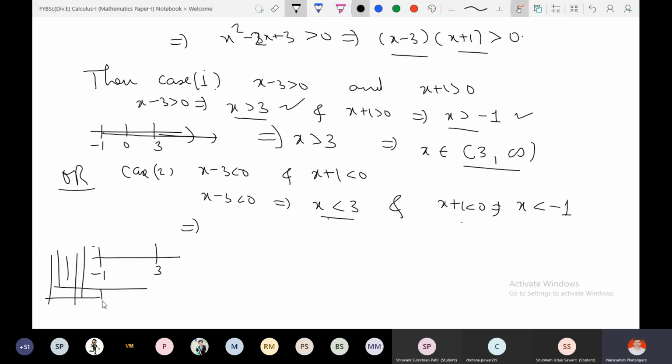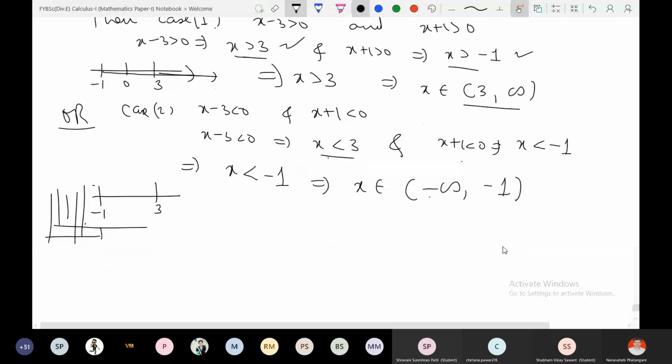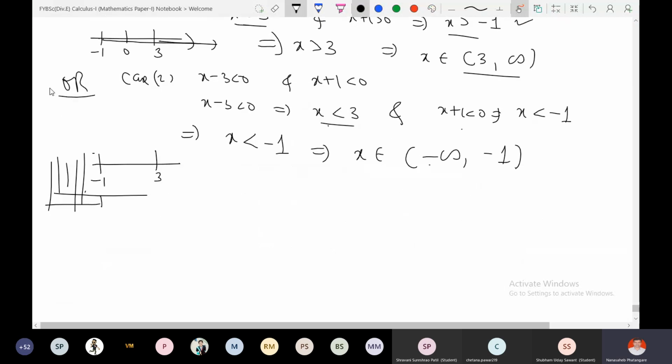Therefore x belongs to minus infinity to minus 1. So every real number satisfying this, and therefore OR means what? Union.